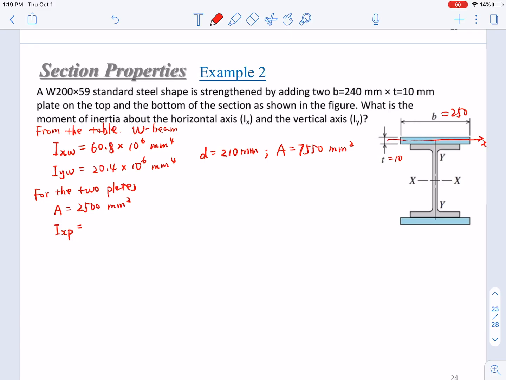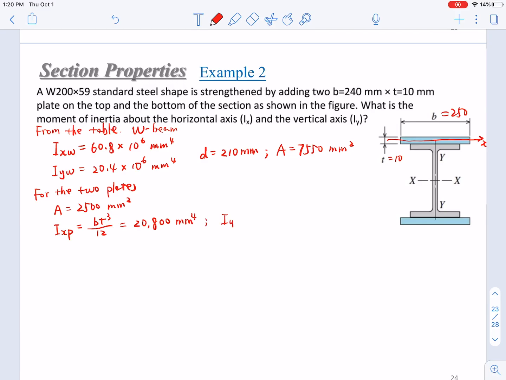Ixp would be b t cubed over 12, which is about 20,800 millimeter to the fourth.